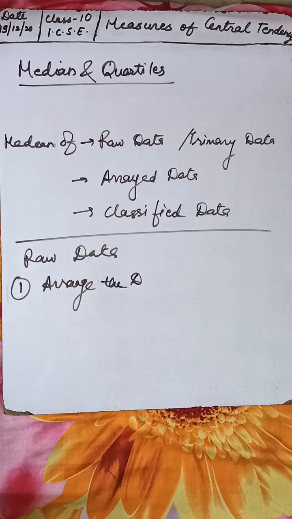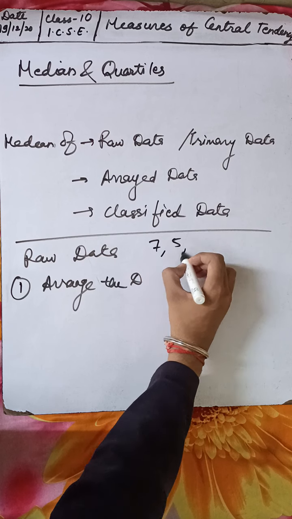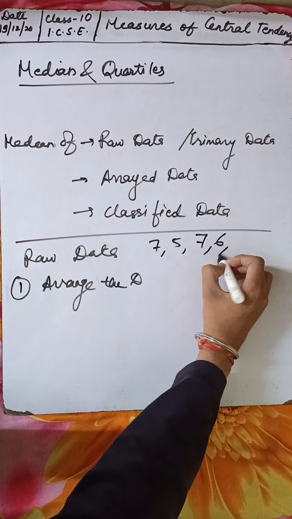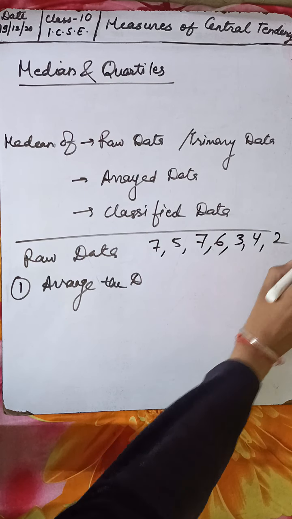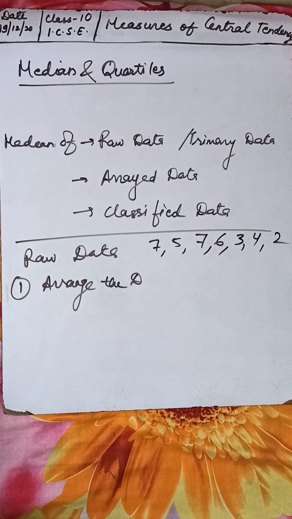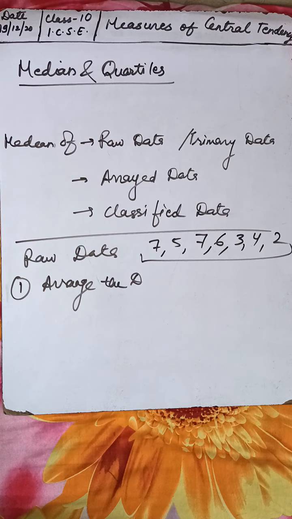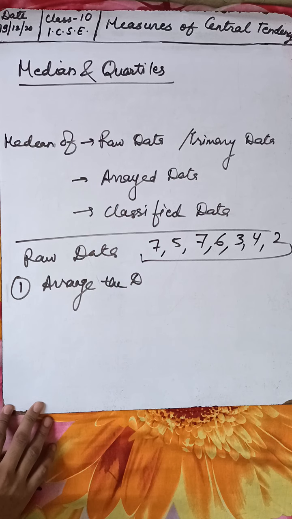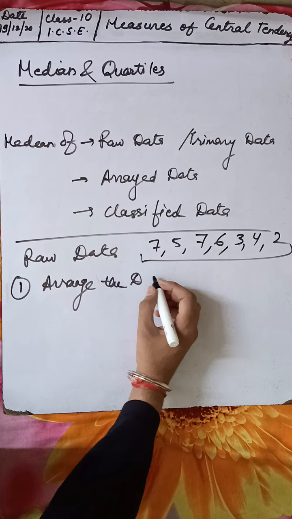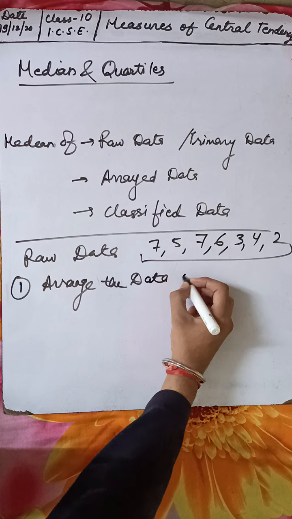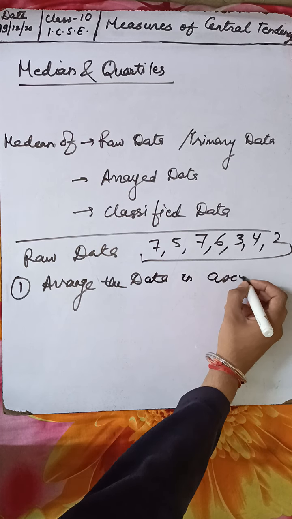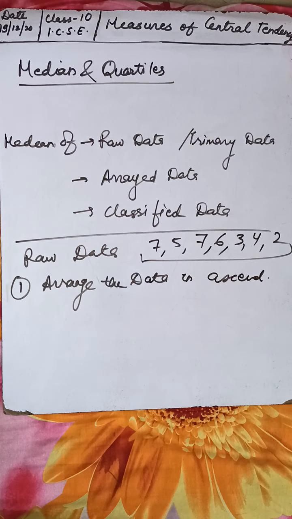Do you understand the meaning of raw data? For example, if you have 7, 5, 7, 6, 3, 4, 2, such type of data, collected manually by a survey, this is the raw data. The first step is to arrange the data in ascending or descending order, depending upon the situation.